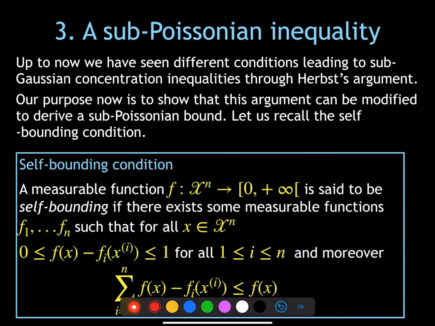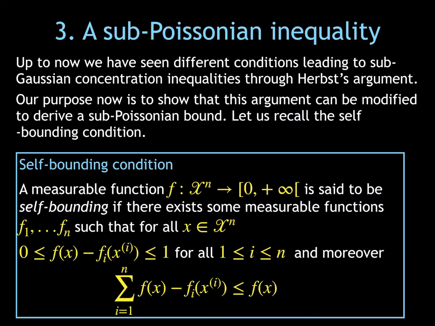So you remember that the self-bounding condition tells you that you have the possibility of finding variables which depend only on x bracket i, such that the difference between the original function and its variables is less than 1 and is non-negative, and such that the sum of differences is under control by the function f itself.